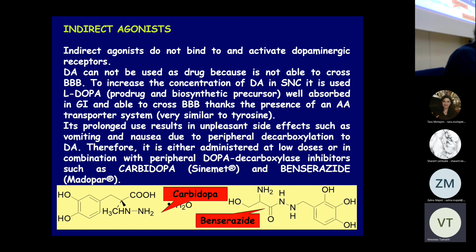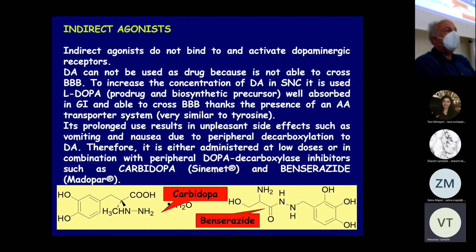An inhibitor of this enzyme is called carbidopa, but this inhibitor should remain only in the periphery. Unfortunately, carbidopa is too polar, and so it is not able to cross the blood-brain barrier.